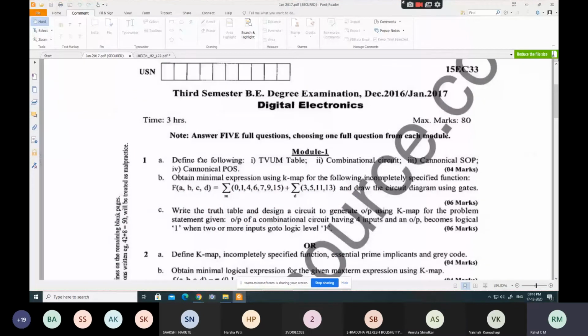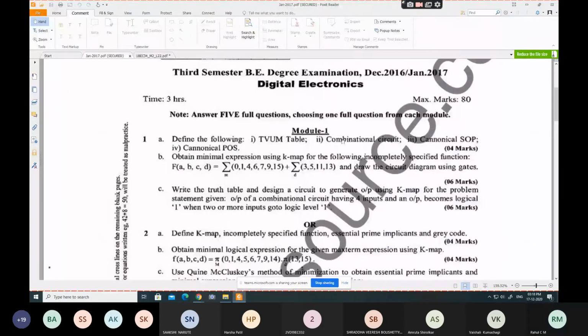What is defined? You have to define what is the combinational circuit, what is the canonical SOP, and what is canonical POS. What is canonical SOP?